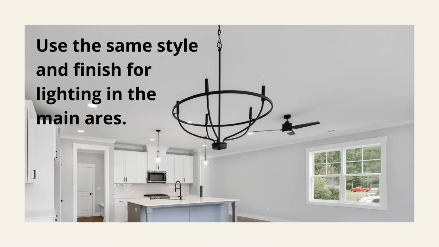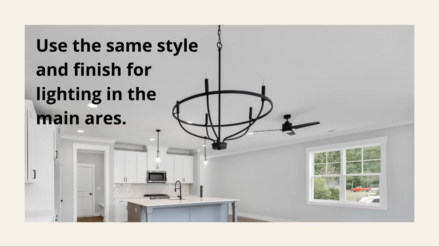So for those main social areas in our home where we have our entryway, hallway, our dining room, possibly living room and kitchen, it's nice if all of those architectural lights, all of those light fixtures that are either on the ceiling or on the walls are all in the same or a very similar style.